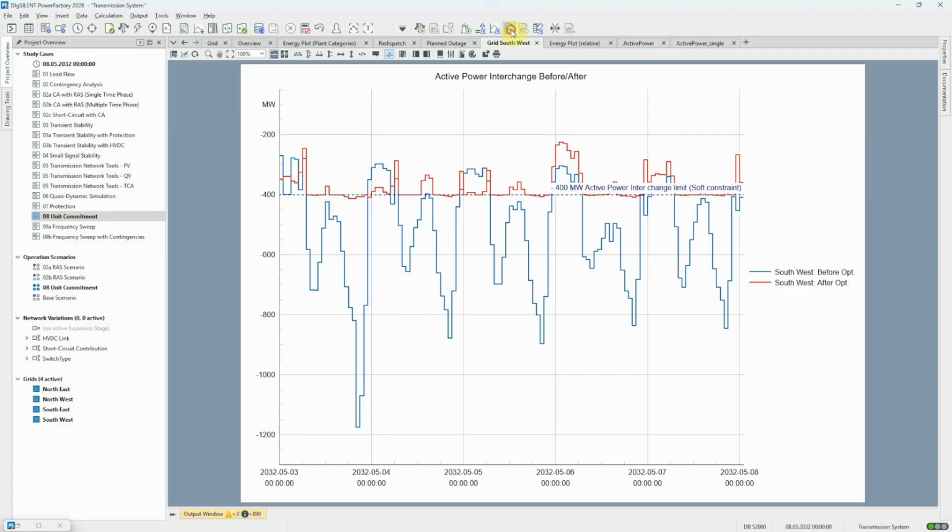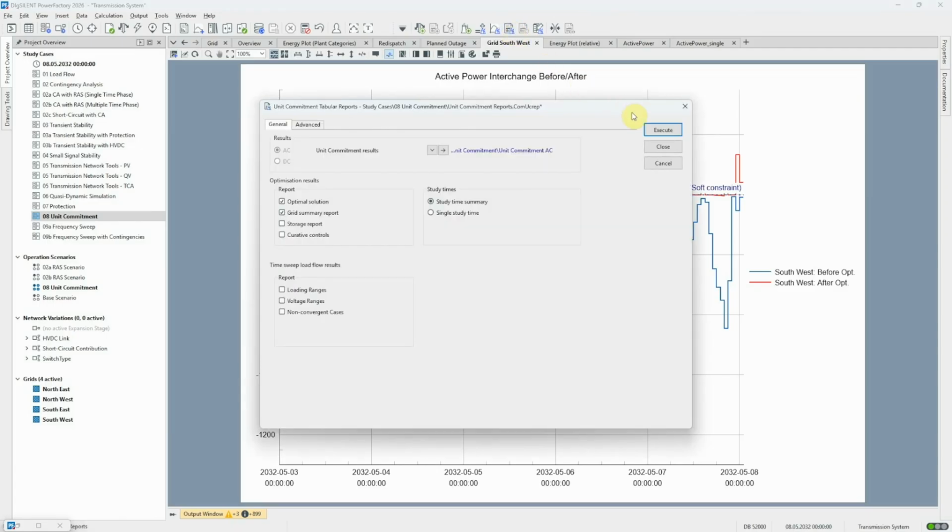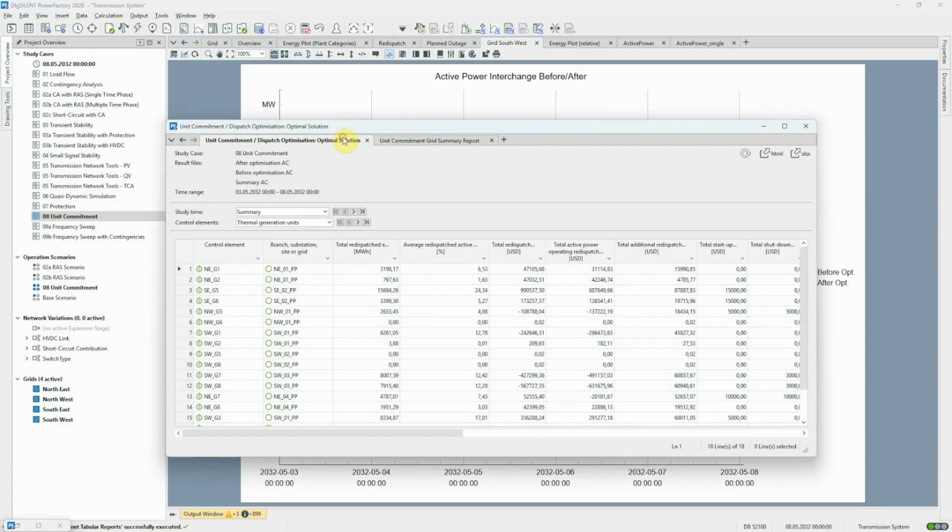Inbuilt reports are also available, such as this Optimal Solution report. Here we can see, for example, redispatched energy and costs for generators.